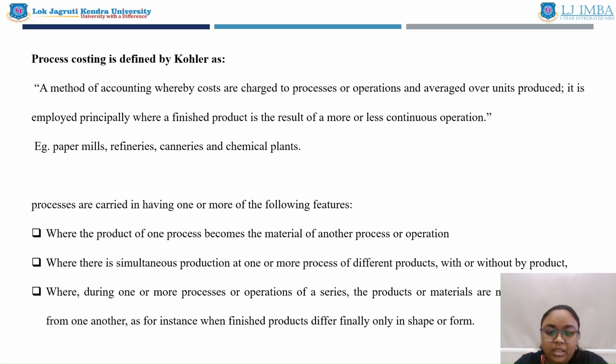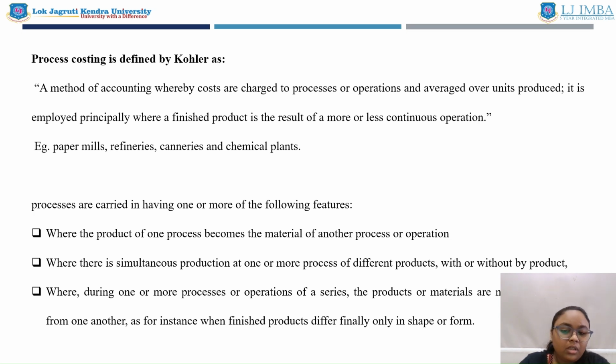Another thing is that when we go through one or more processes or operations in series, the products or materials can be different from each other only in terms of shape or form, not in their original identity, and not a change in the method of process.